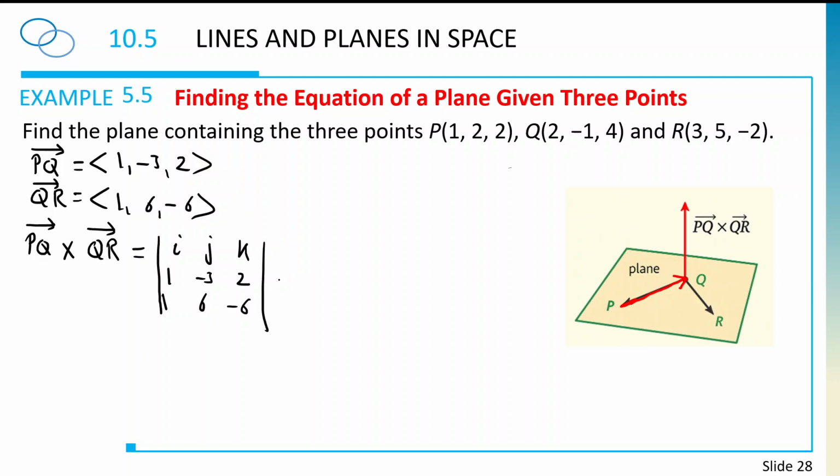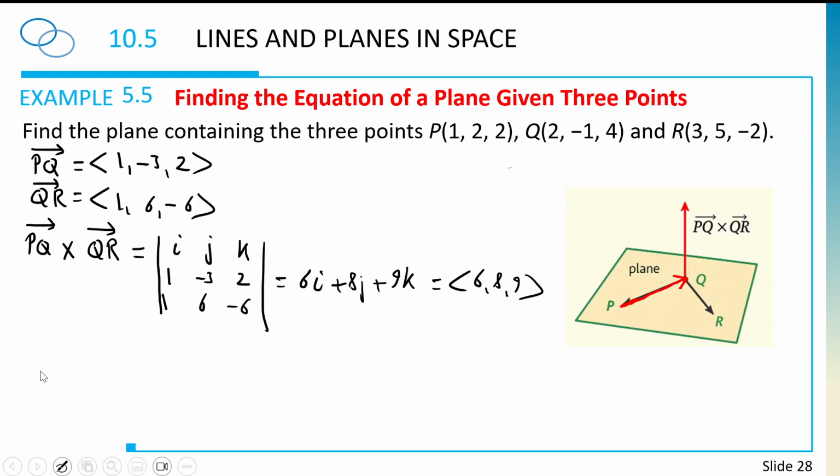If you do the cross product, this will equal 6i plus 8j plus, I'll leave it as an exercise to do it yourself. And this is 6, 8, 9. Now let's put it next to it better. So this equals 6, 8, 9.